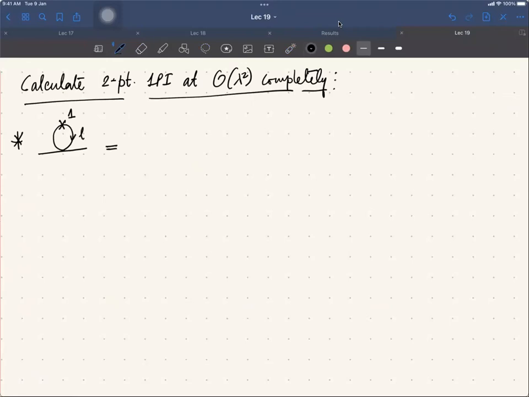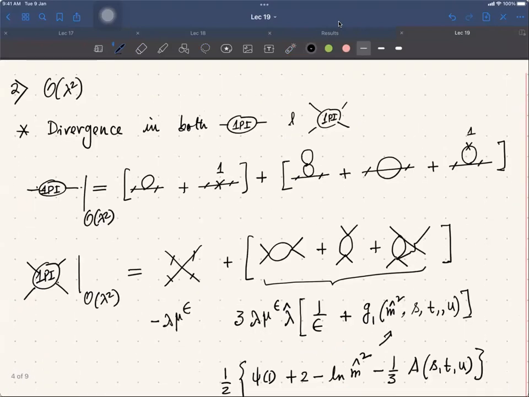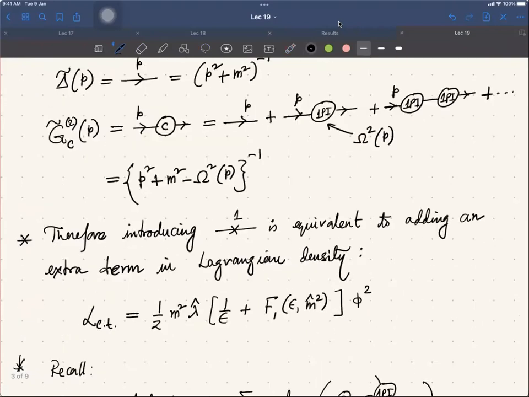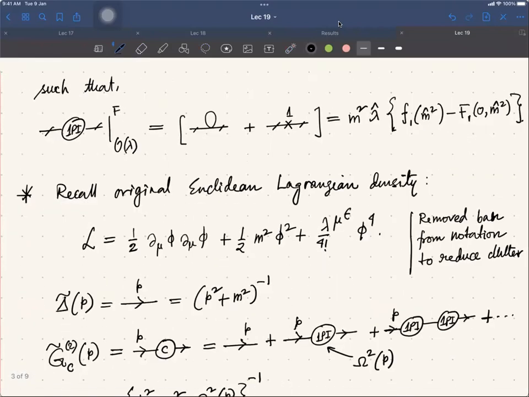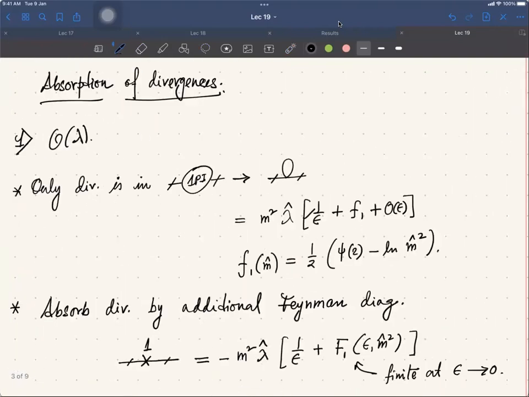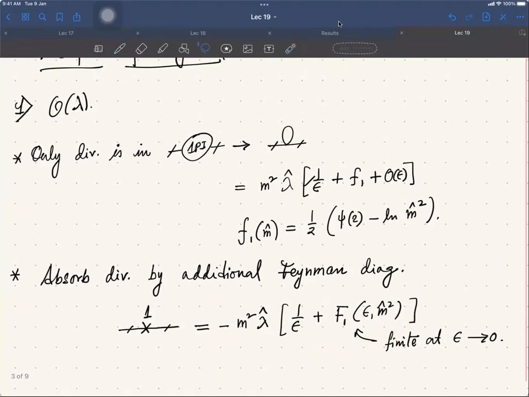This has an original vertex, which is minus lambda mu to the power epsilon, and the second vertex, which is this one, and that vertex factor is given by this one. So let me copy that.